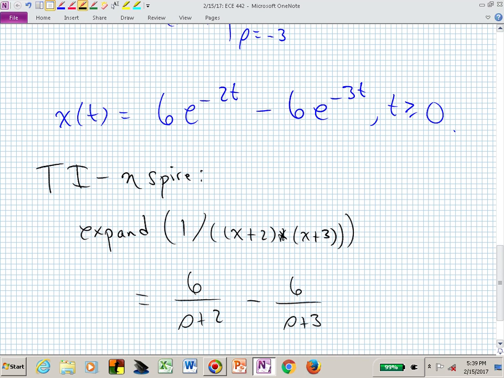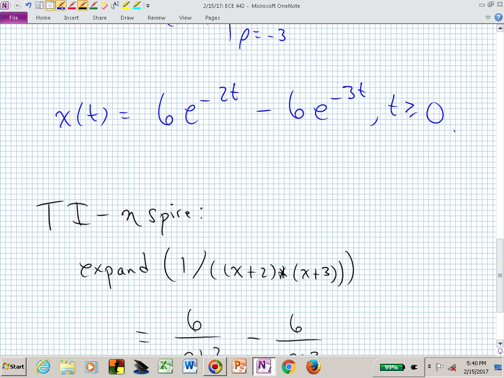Yes? So now the t greater than or equal to 0, the question was, is that the same as multiplying everything by the unit step? Did you understand the question? I think the question was as follows. x of t is equal to 6e to the minus 2t minus 6e to the minus 3t times u of t.